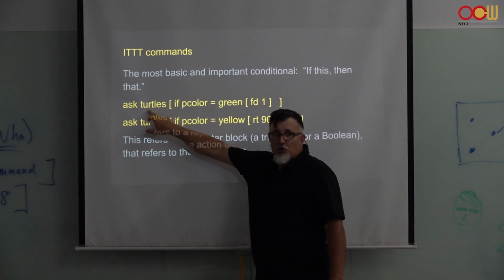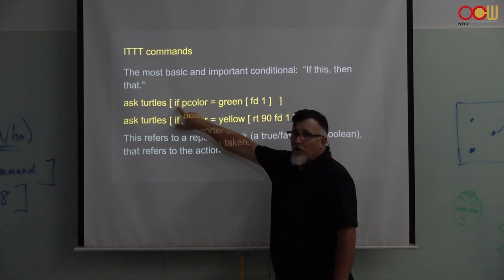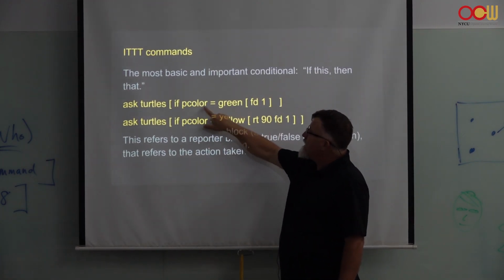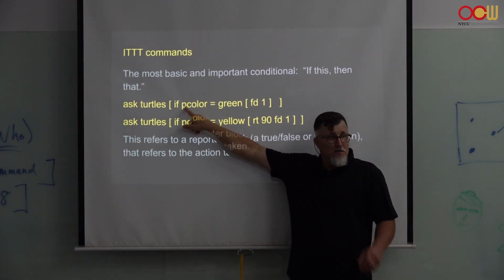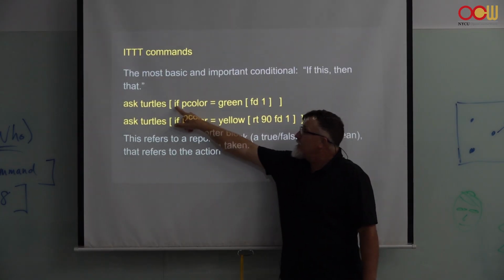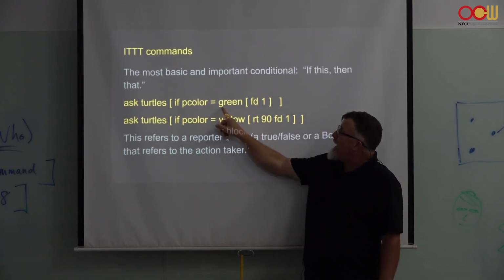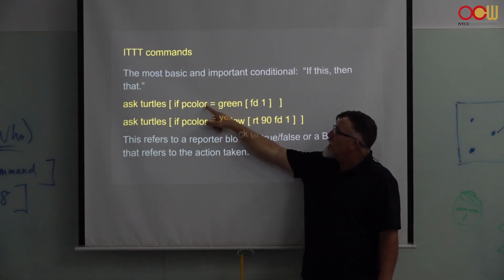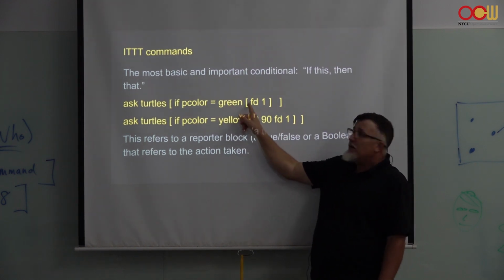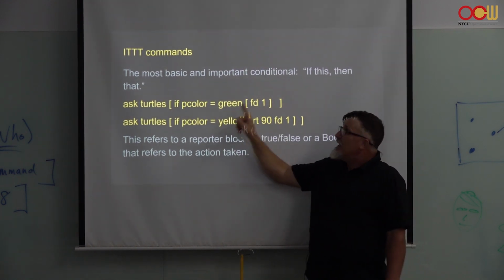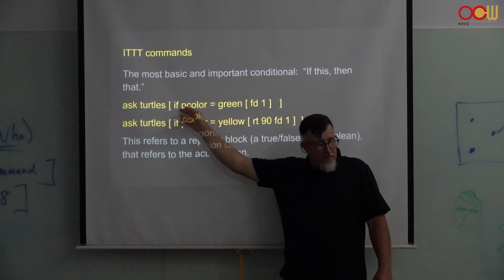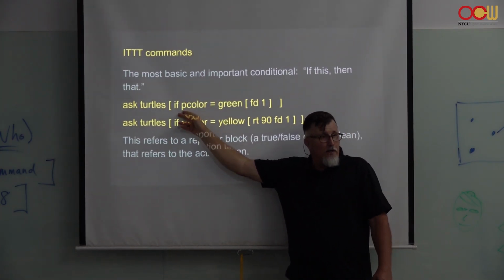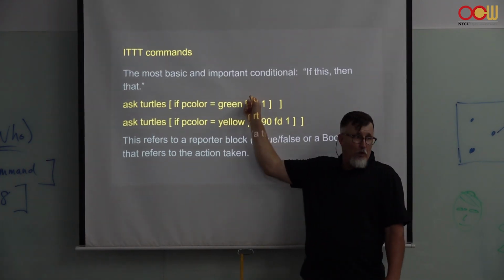Here we go. Ask turtles if you are standing on a patch, and it knows it's a patch because it says P color. If you're standing on a patch with your P color equal to green, then move ahead 1. If the color is not green, that's implied by that, all other colors, then don't move forward 1.